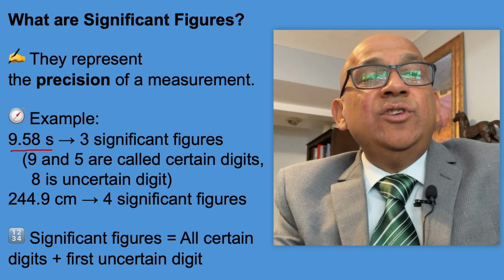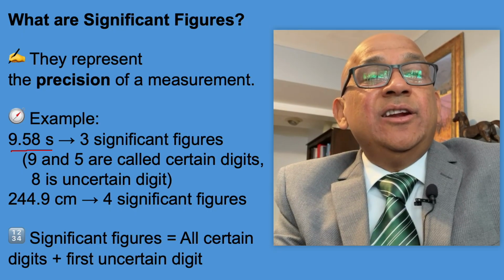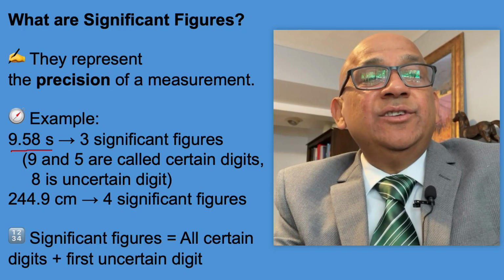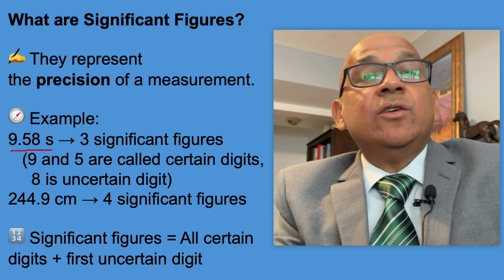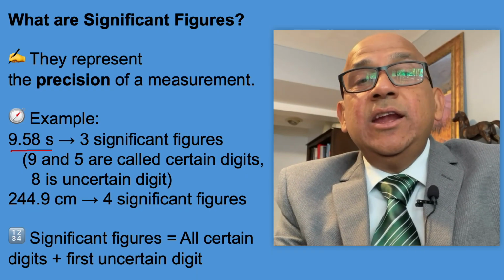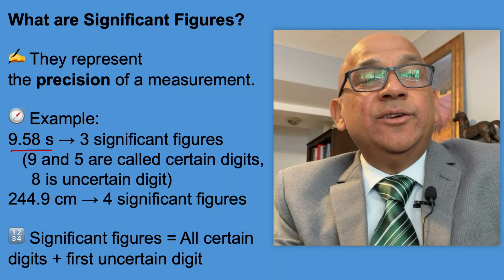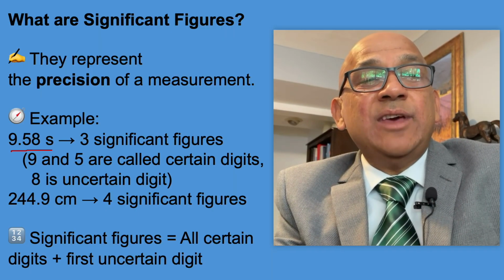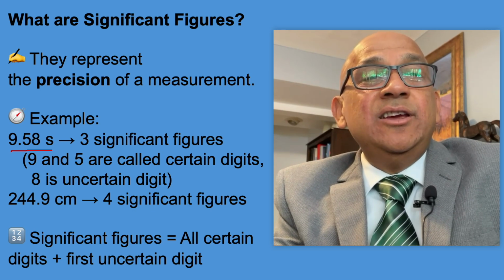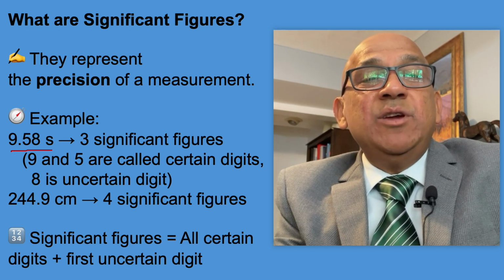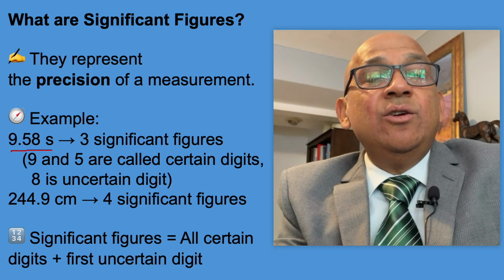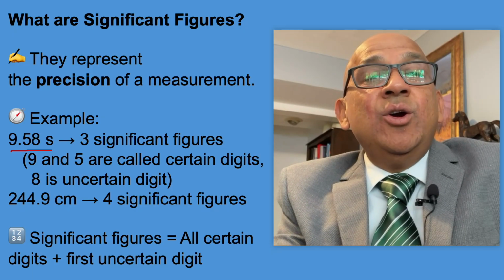So here you see in this number, there are 3 significant figures which are 9, 5 and 8. Here 9 and 5 are called certain digits and 8 is called uncertain digit. So it means when you say the time is 9.58 seconds, then the last digit is uncertain. It can be 9.57 or it can be 9.59.